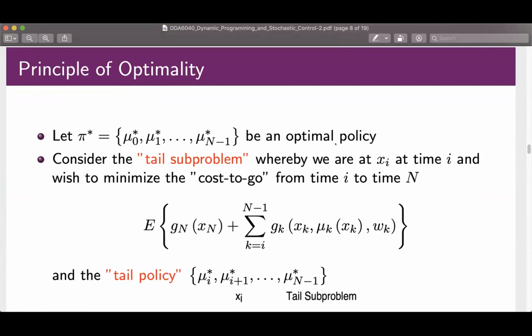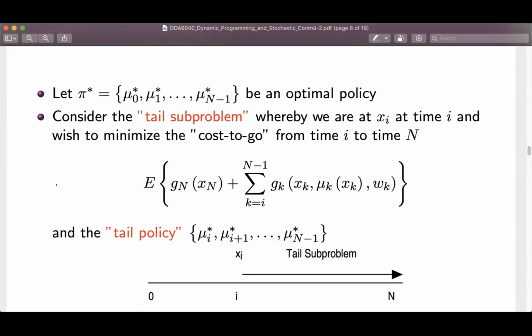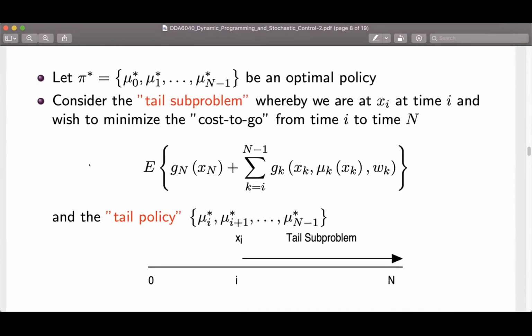We are interested in the rules. These rules form a policy. If the rules are optimal, then we say this is the optimal policy. We denote it as pi star. It consists of a sequence of mu i star, from 0 to n-1. And we also consider tail subproblems.